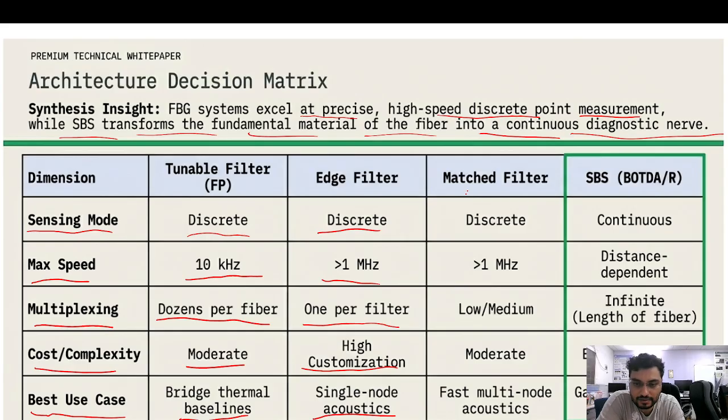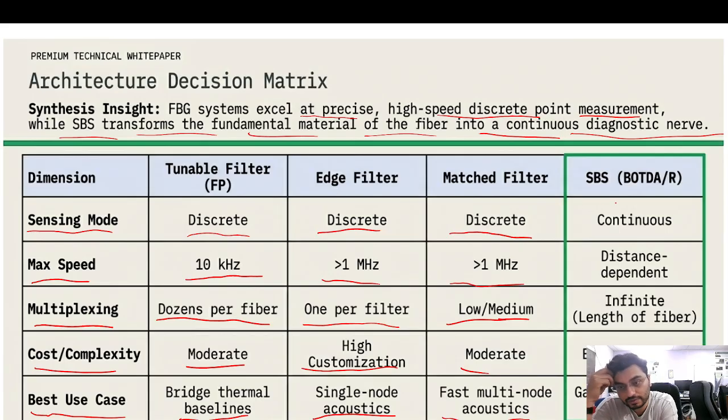Next, the matched filter has the discrete sensing mode, speed also above 1 megahertz, multiplexing is low or medium compared to the tunable filter. Then cost is moderate, and best use case is high multi node acoustic.